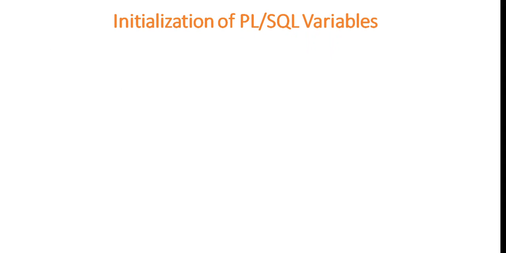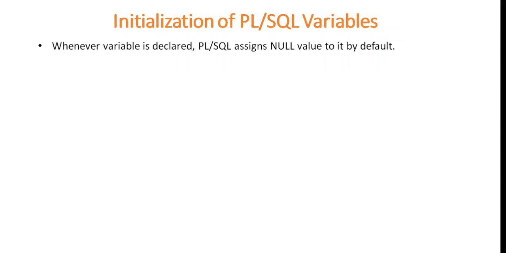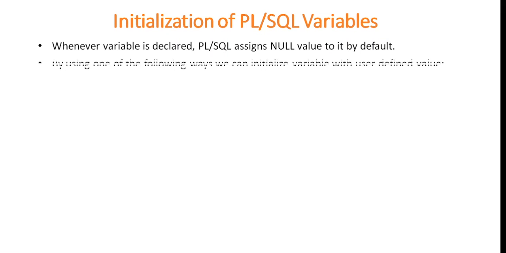Okay. Now we'll see how to initialize variables in PL/SQL. Whenever we declare any variable in PL/SQL code, PL/SQL by default assigns a null value to that variable. Okay. See, if you don't specify any value while declaring a variable, then PL/SQL automatically assigns a null value to that particular variable.